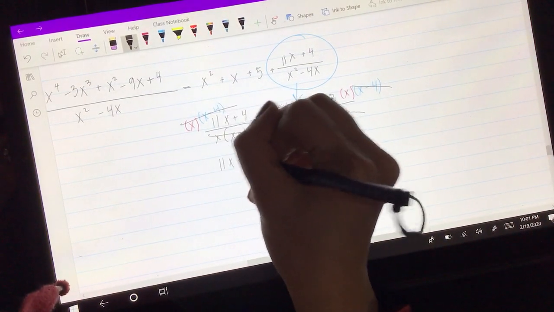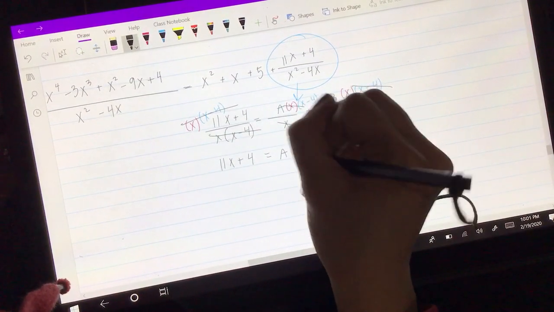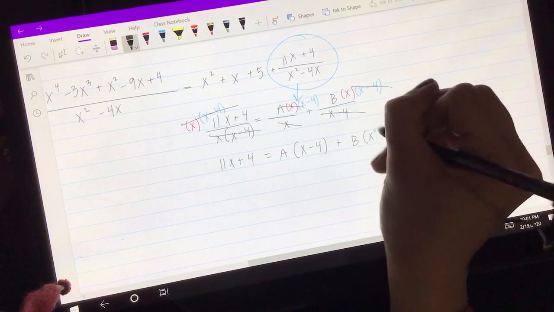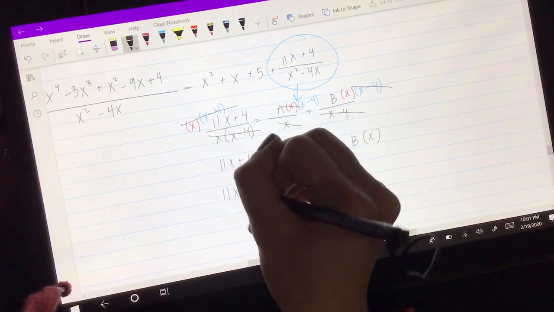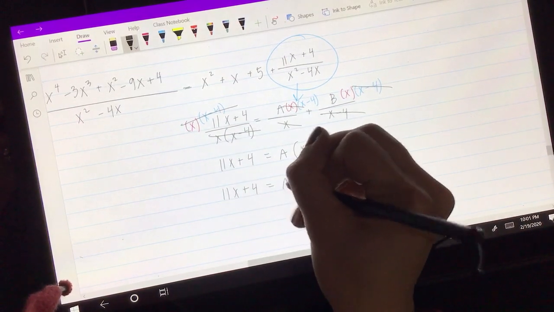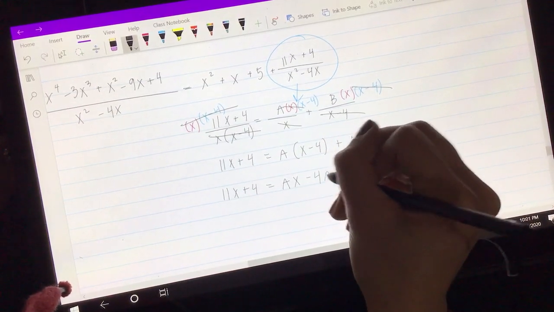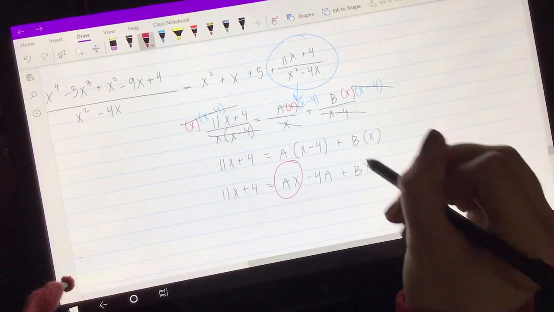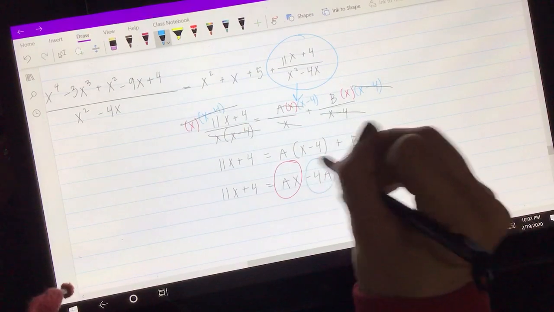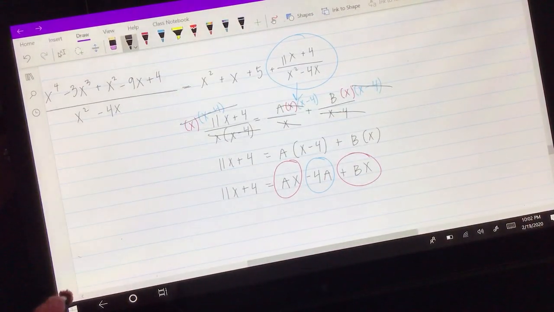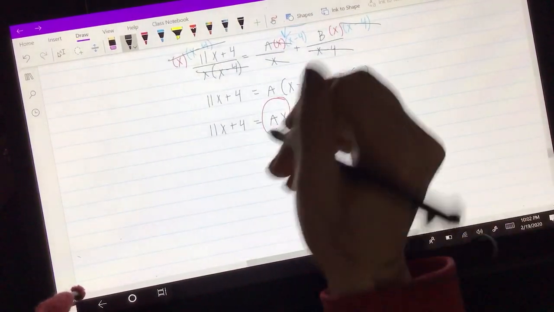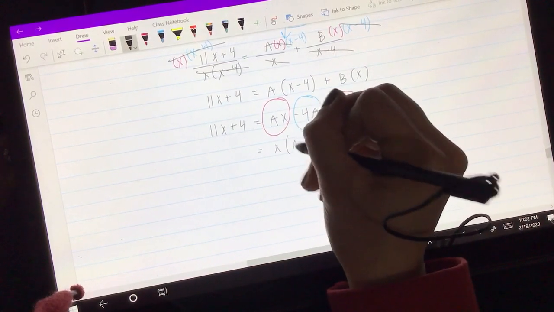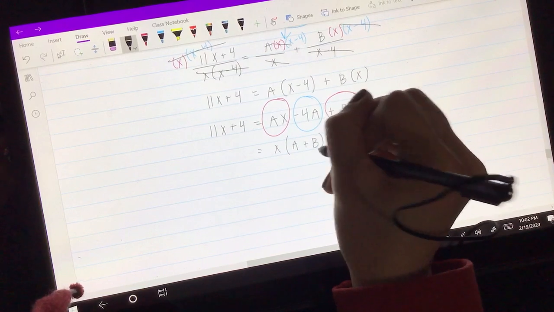So we have 11x plus 4 equals a times x minus 4 plus b times x. Distribute. Group. Factor your x out of your ax and bx. That leaves you with a plus b.